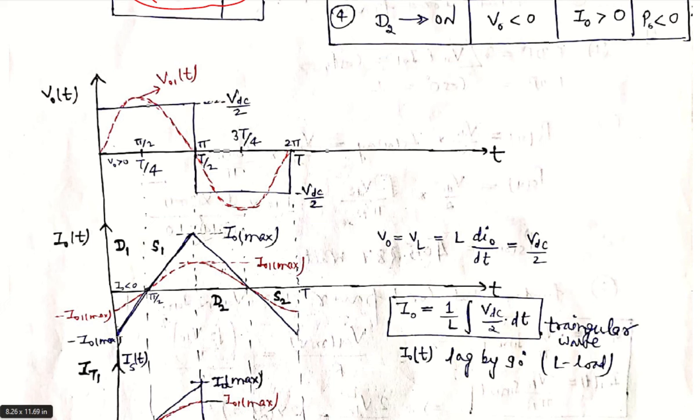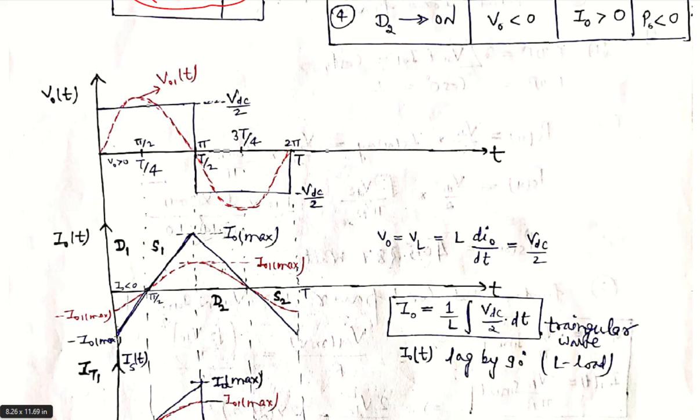This straight line expression is shown in the diagram like this, but it is drawn from minus I naught maximum, because it is a steady state waveform. The inductor has an energy corresponding to minus I naught maximum in the steady state, because the inductor is charged up to minus I naught maximum current in the steady state.